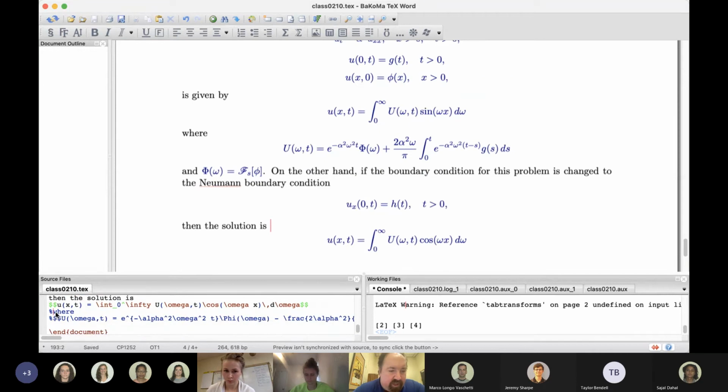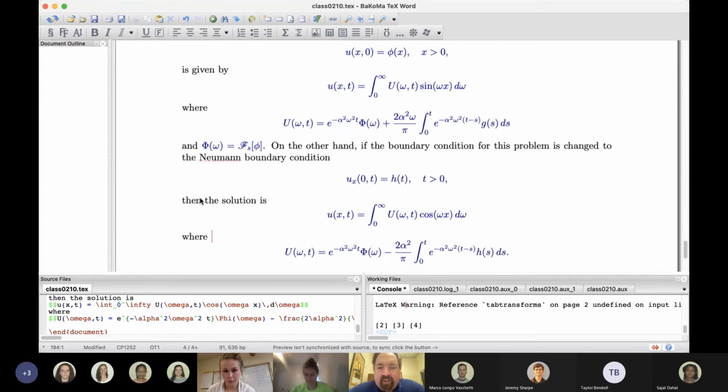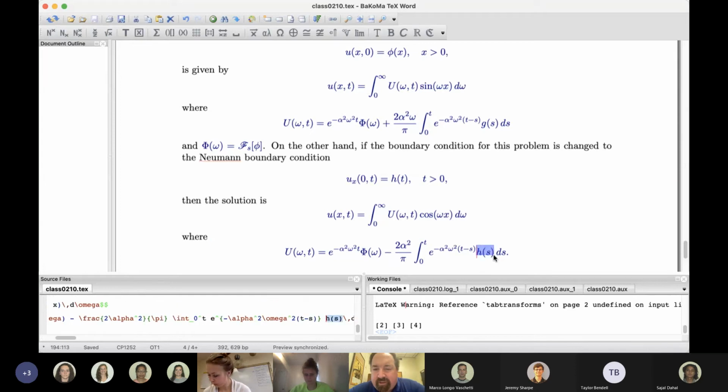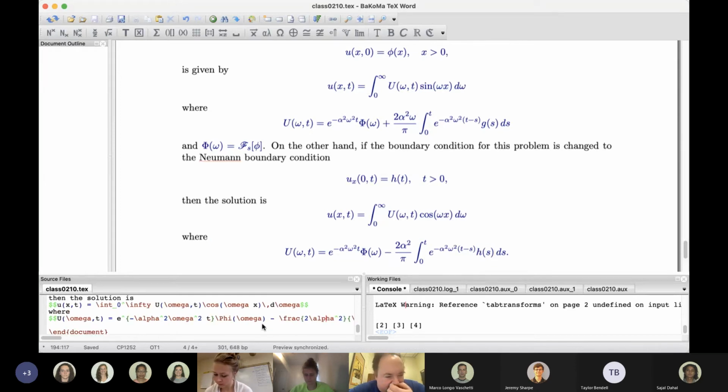And then what you're taking the inverse transform of, we see that this part is the same. That takes into account the initial data from your original problem. And then this plus becomes a minus because of the rules for transforming u_xx. And whatever boundary data you have goes in here. And that's all that changes.